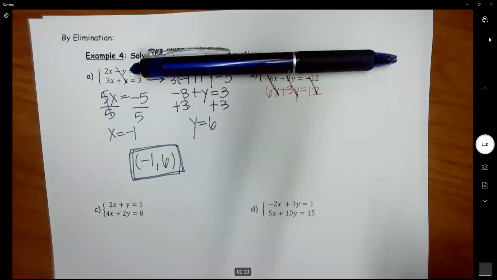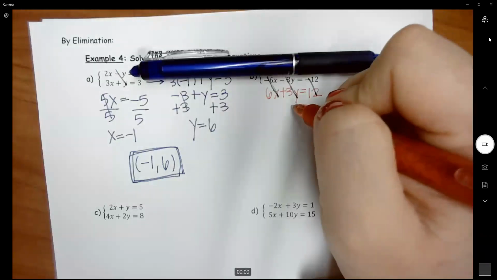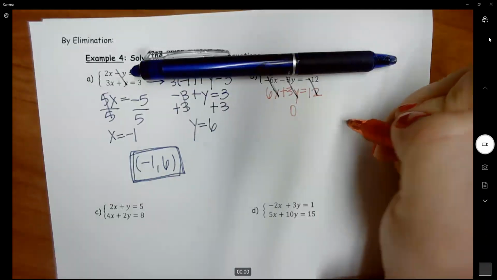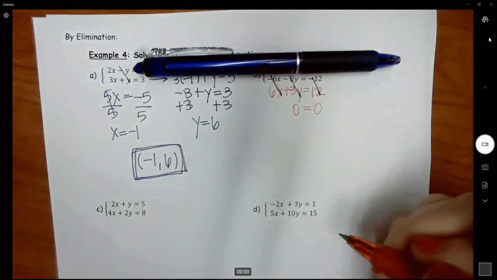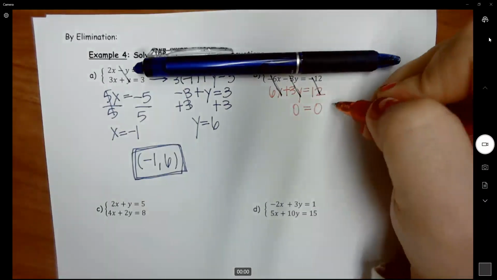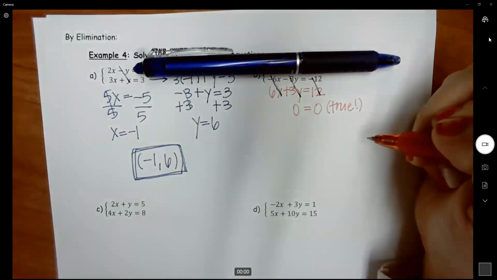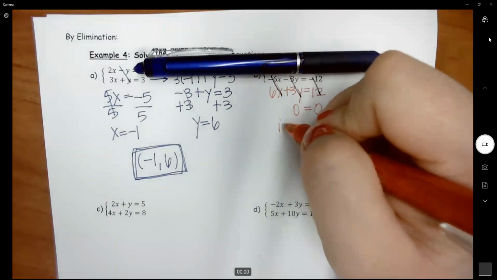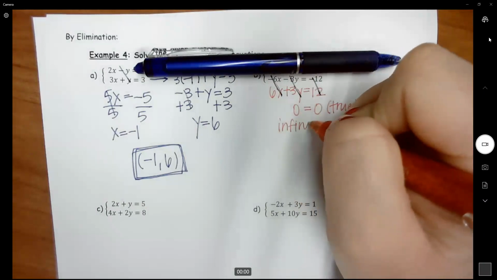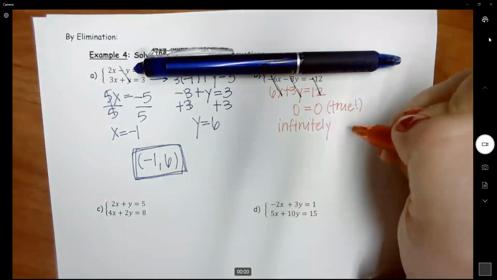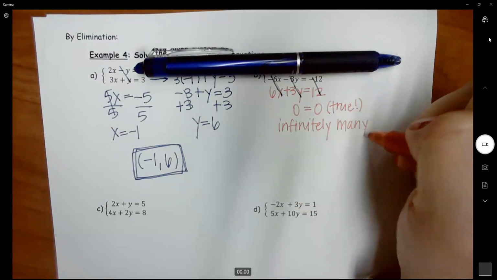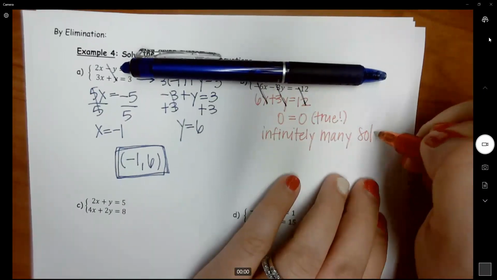When everything cancels, it means I have 0 left on this side and 0 left on this side. Because this is a true statement, my answer here is infinitely many solutions.